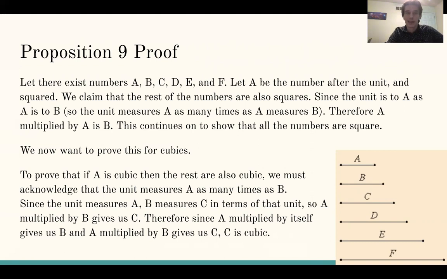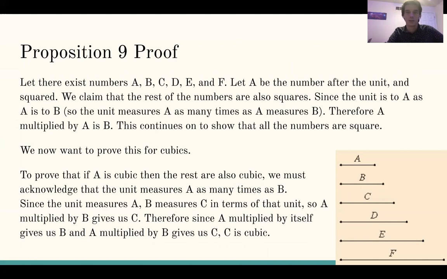And since the unit is to A as A is to B, since the unit measures A as many times as A measures B, since A is proportional to the unit, because that's kind of just how he sets it up, A multiplied by A therefore has to be B, right? It's a square of A, right? And then this can be continued on to show that the rest of them are squares as well.